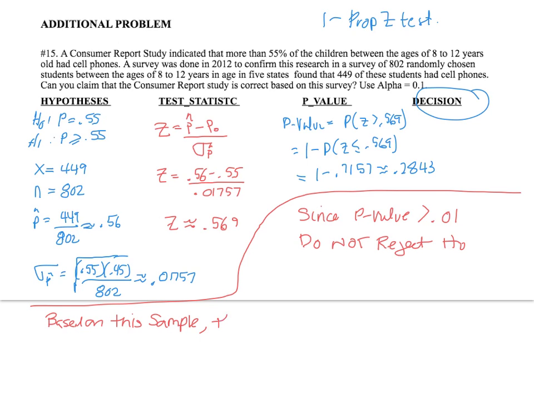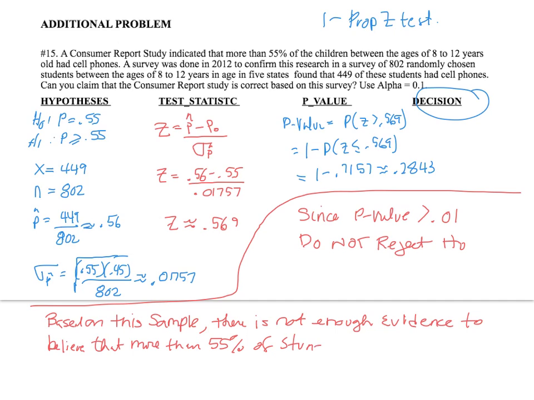Based on this sample, there is not enough evidence to believe that more than 55% of students have cell phones.